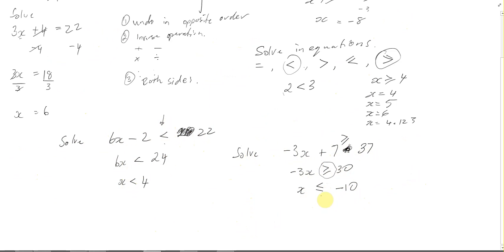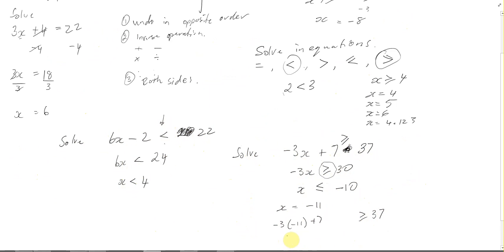Let's check if that works. Let's put a possibility into our first equation. If x is less than or equal to minus 10, one possibility is when x is equal to minus 11. Let's see if this works. I'll put it into my first equation: minus 3 times minus 11 plus 7, and hopefully that is larger than or equal to 37.